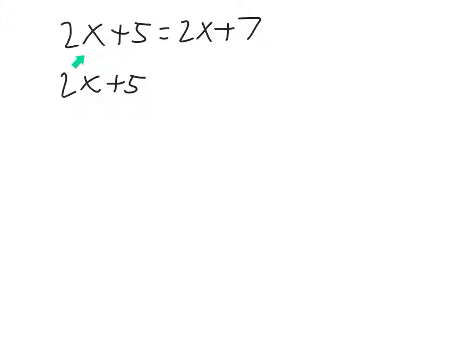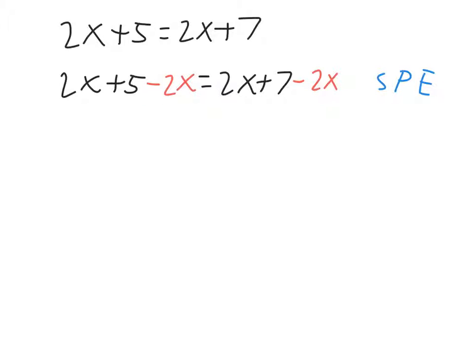So we want to take this 2x and bring it over here. So we'll do the opposite and subtract 2x from both sides of the equation, again, using the subtraction property of equality.